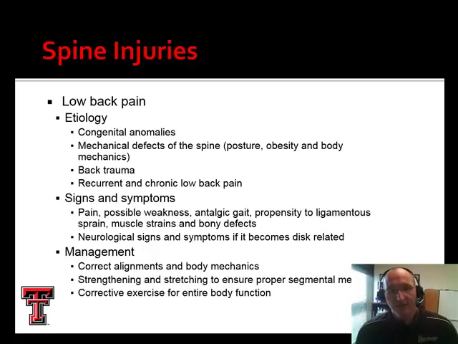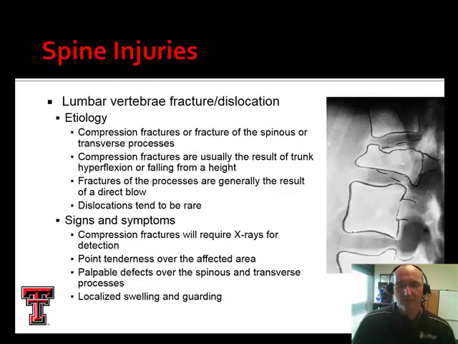We know that about 80% of all adults are likely to have back pain at some point in their life. So this is not uncommon, certainly not uncommon in our athletes, and the poorer their mechanics, the more likely they are to have a spinal injury that involves low back pain.